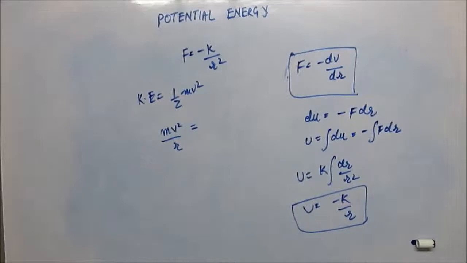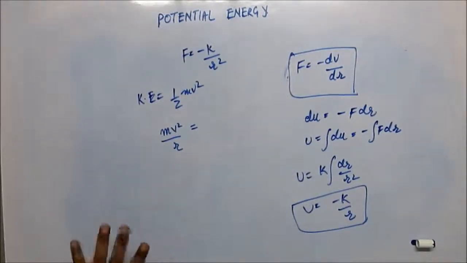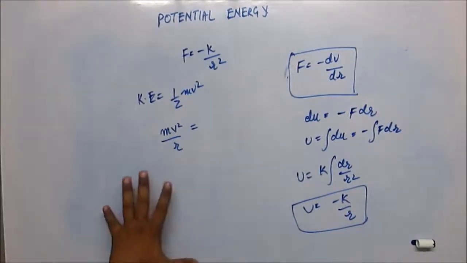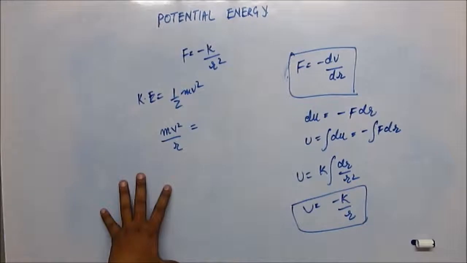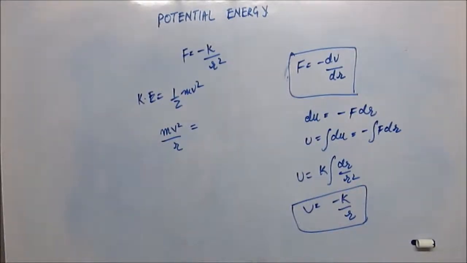But actually we'll have to think about it. mv squared by r, we have not put any sign to this. So the centripetal force there has been given with sign, but you will have to make a judgment. What are you going to do? Are you going to equate this with minus K upon R squared? If you are using that with sign, you have to think about the sign of this as well.